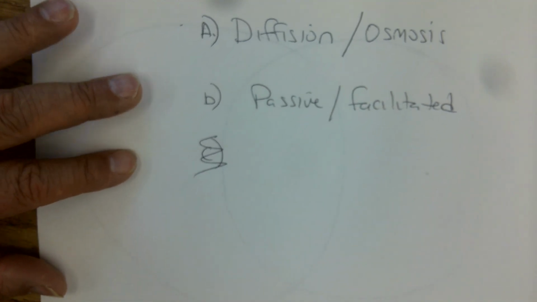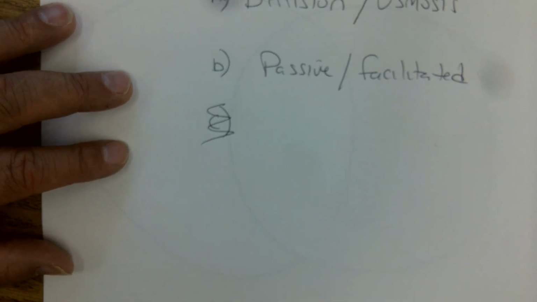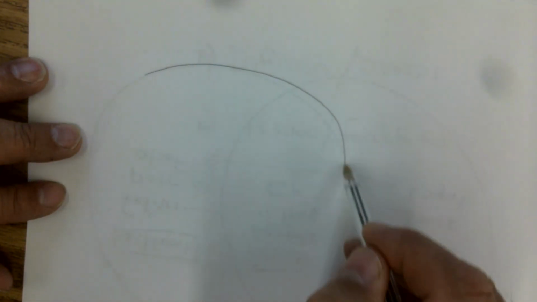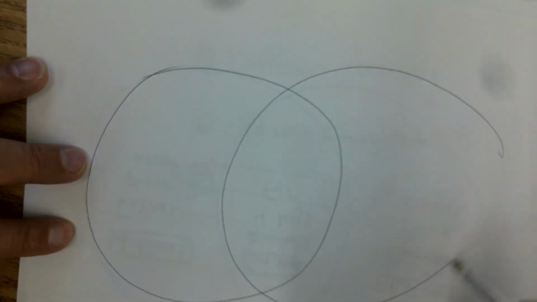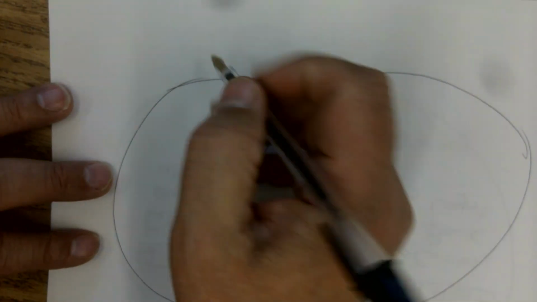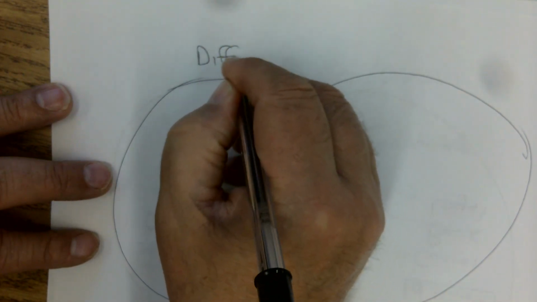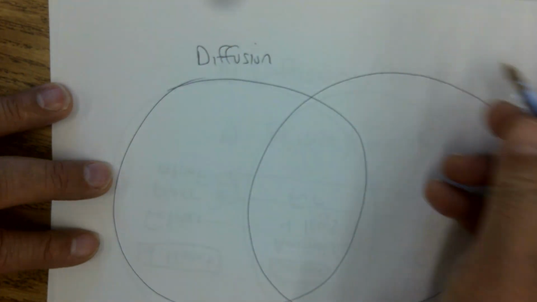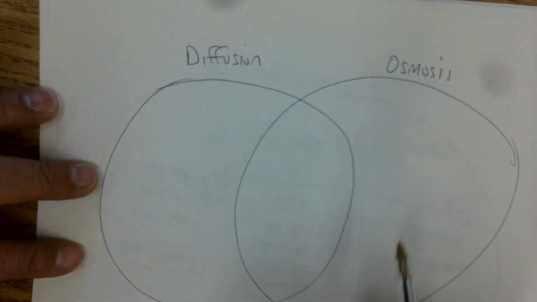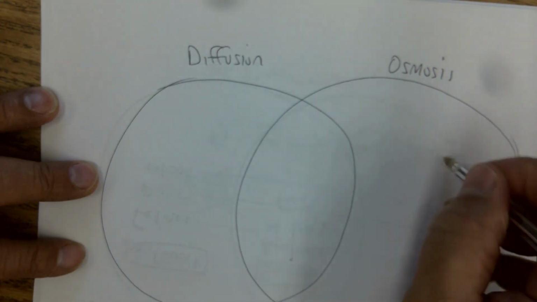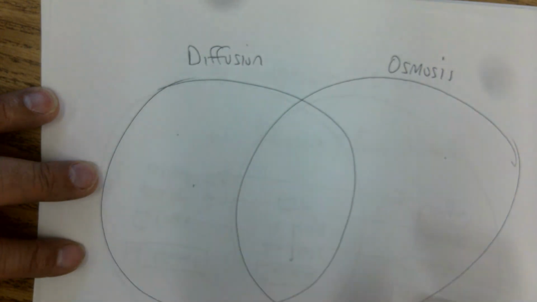And you're just going to make a circle. Take a piece of blank paper, draw one circle, and draw another circle, and you're going to put diffusion, say this is the two you choose, and this is osmosis, and then you put what do they share, how are they different, right?